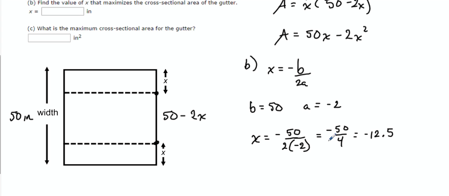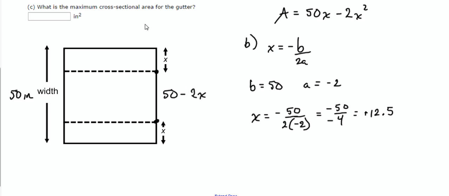Actually, I stand corrected. A negative divided by a negative is a positive. So positive 12.5. So the value of x that maximizes the cross-sectional area of the gutter is positive 12.5. We know that it couldn't be negative because the distance we're looking for cannot be a negative value.